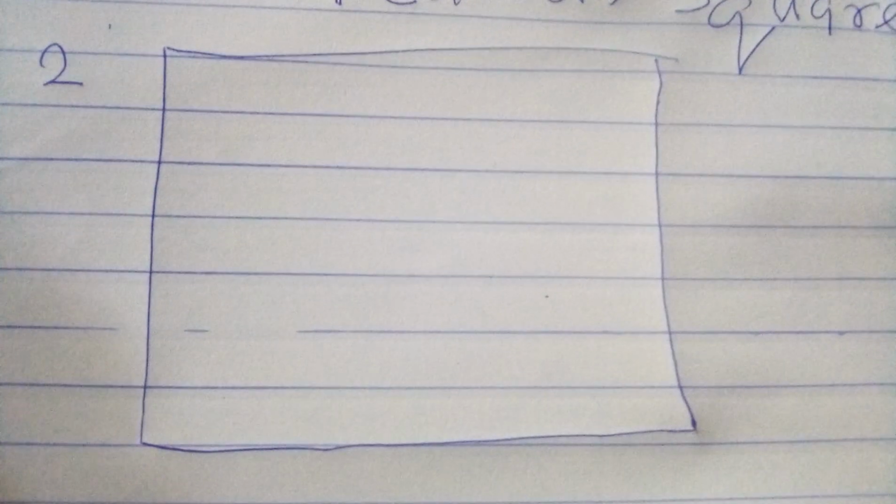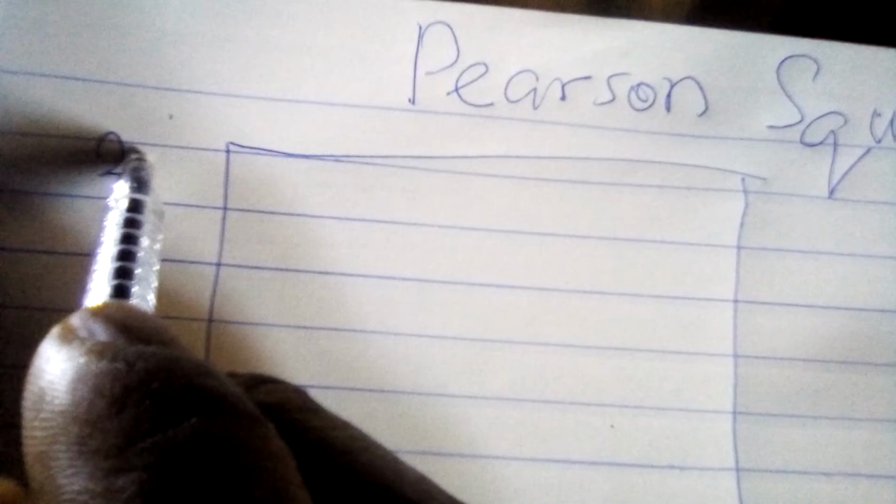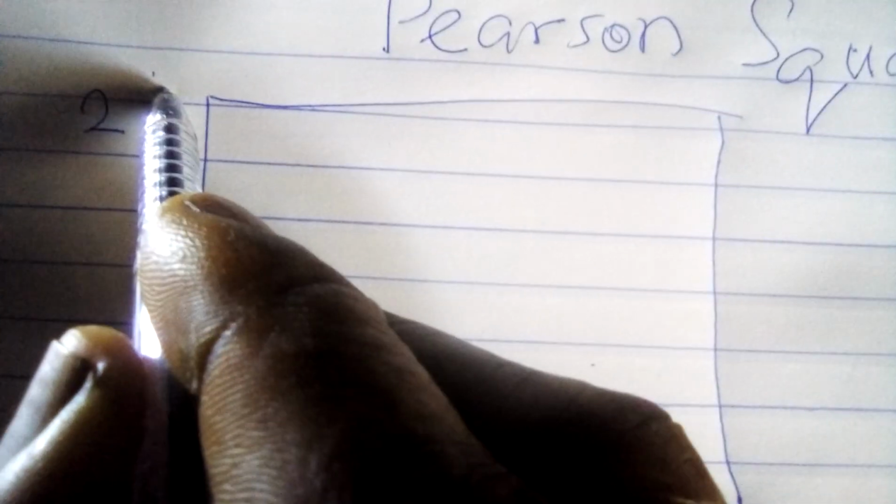With that method, we are going to draw a square like this. Then make sure you write the digestible crude protein of the ingredients that you want to calculate. Let's say soybeans.